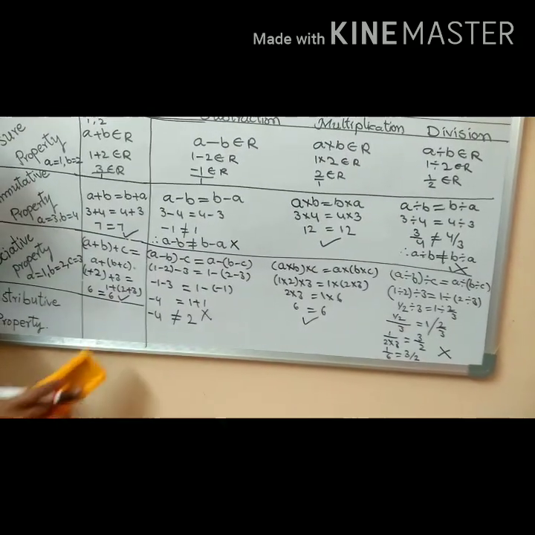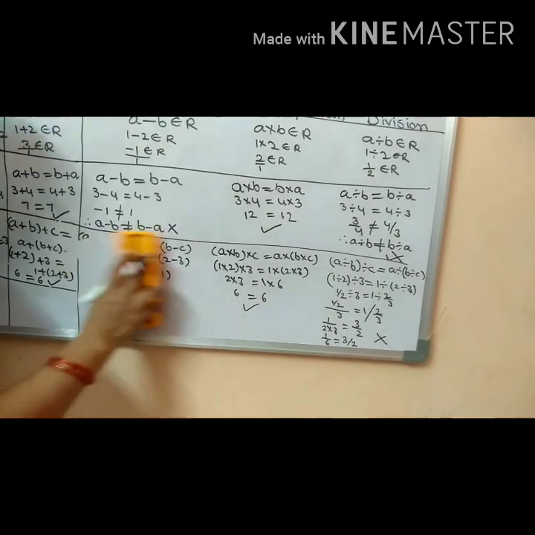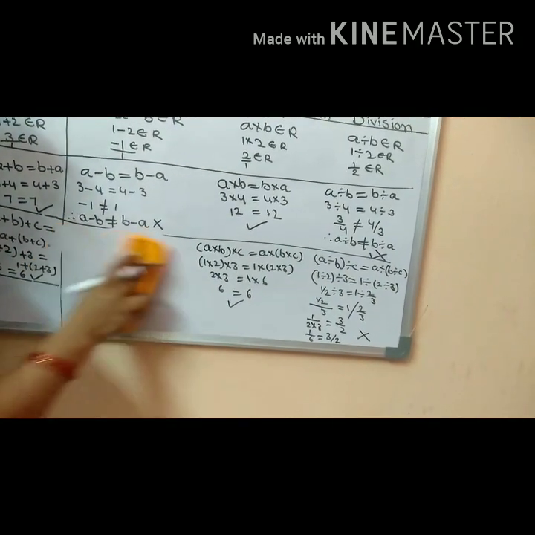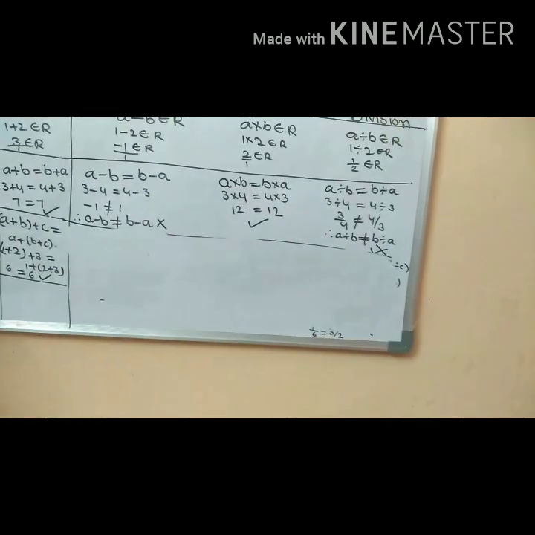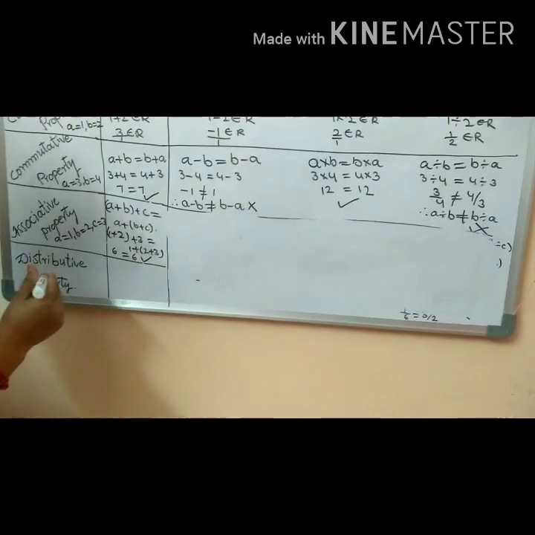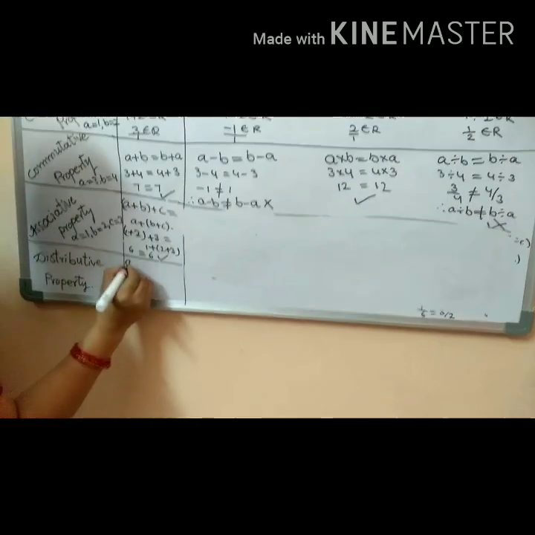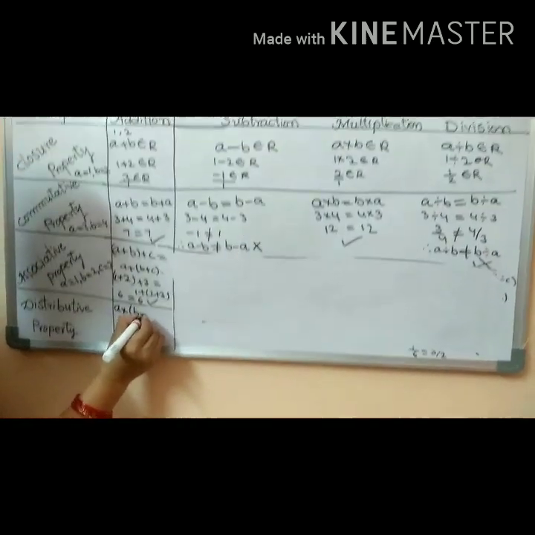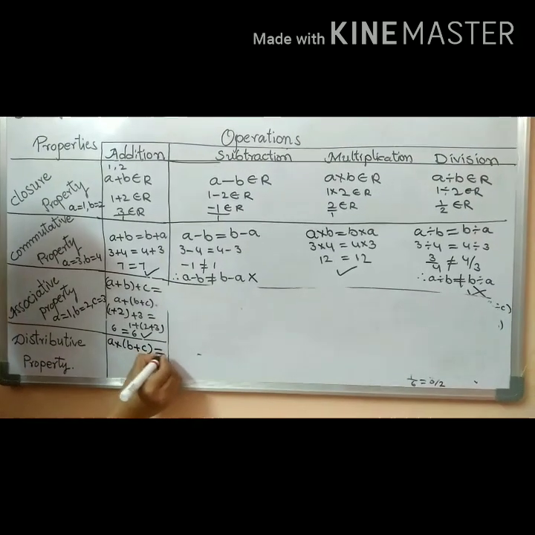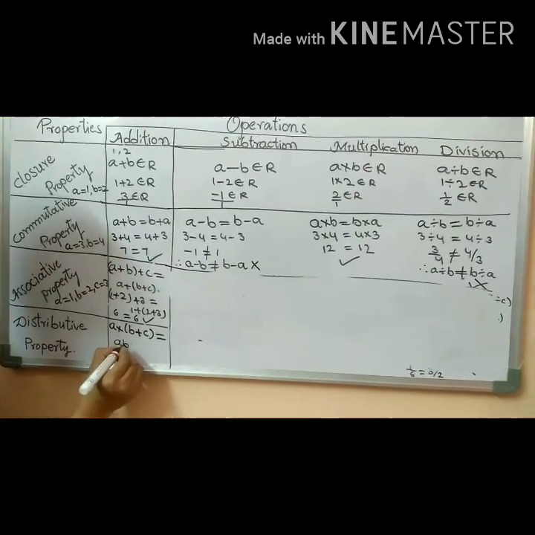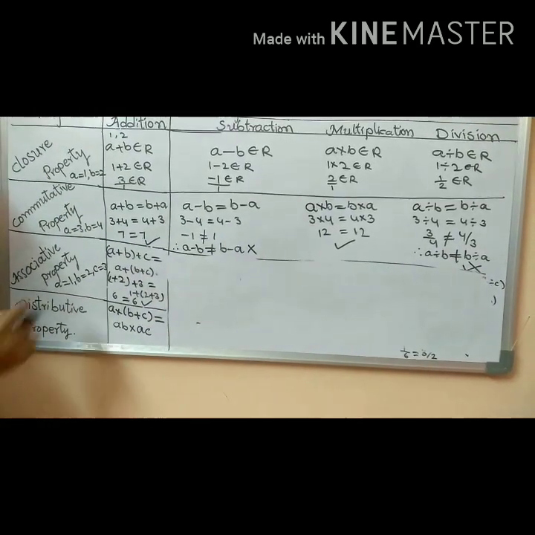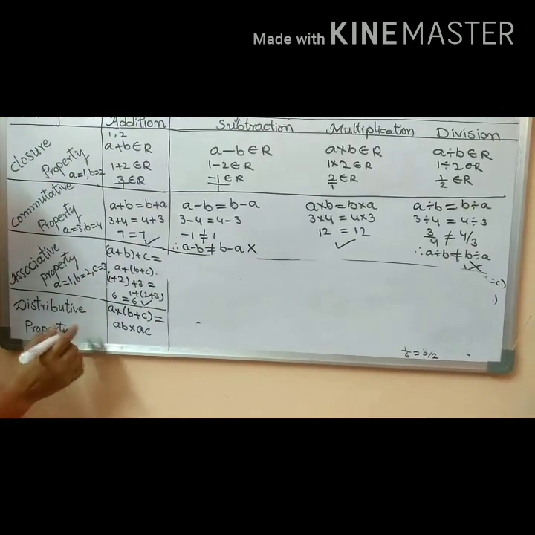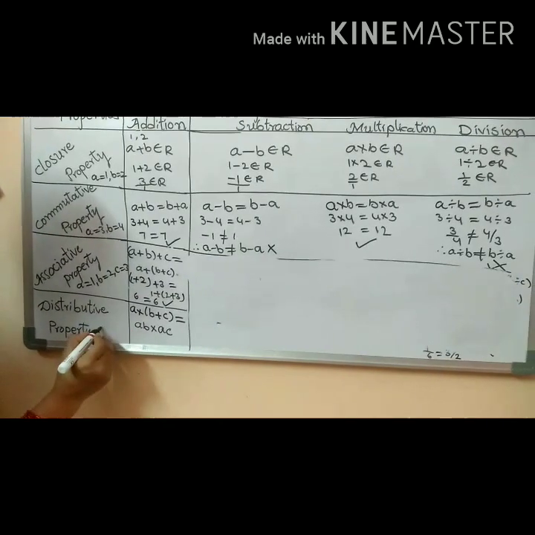Next one is the distributive law. Here the distributive law is A into B plus C is equal to AB plus AC. It is the addition. So let us take an example.